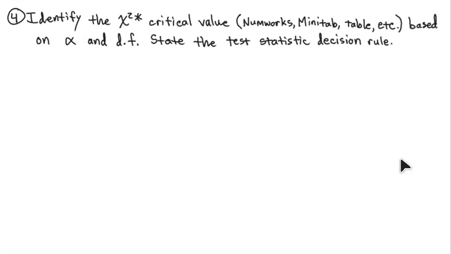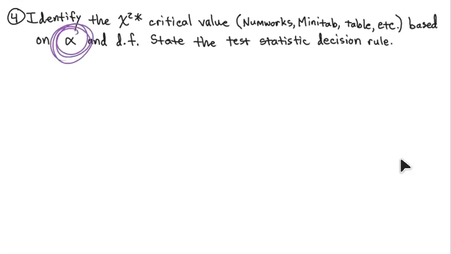And in this case, we have degrees of freedom, so it's going to be based on the degrees of freedom as well. So we take the alpha and the degrees of freedom, and we go into either a table or into our statistical software to find the chi-squared distribution and find out what cutoff critical value gives us that particular alpha or p-value.